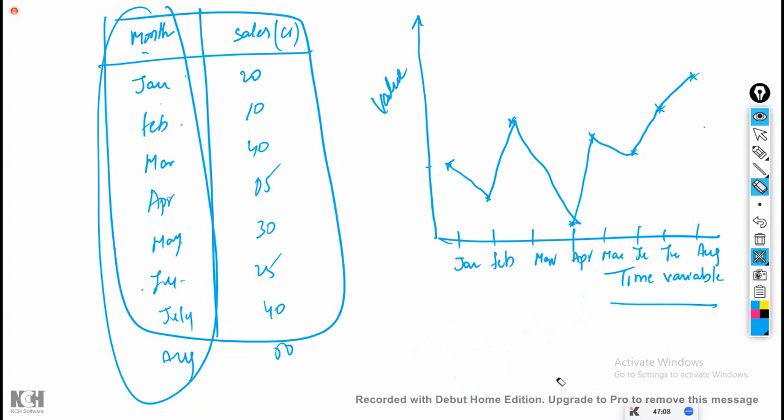For discrete data, discrete frequency distribution. Is that clear? Can I erase this one? Right?